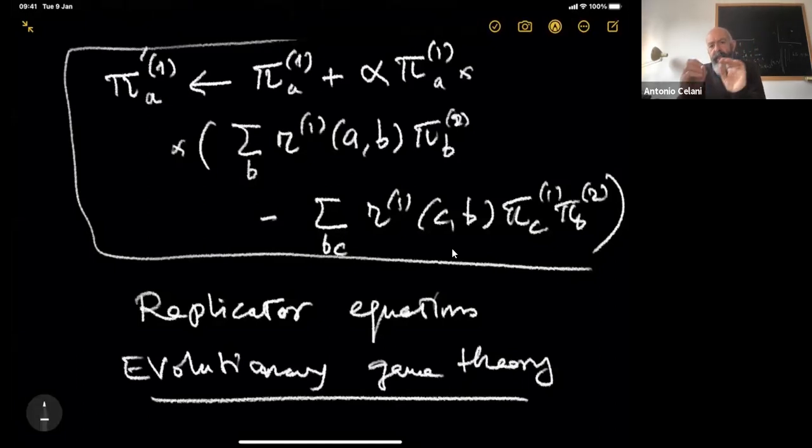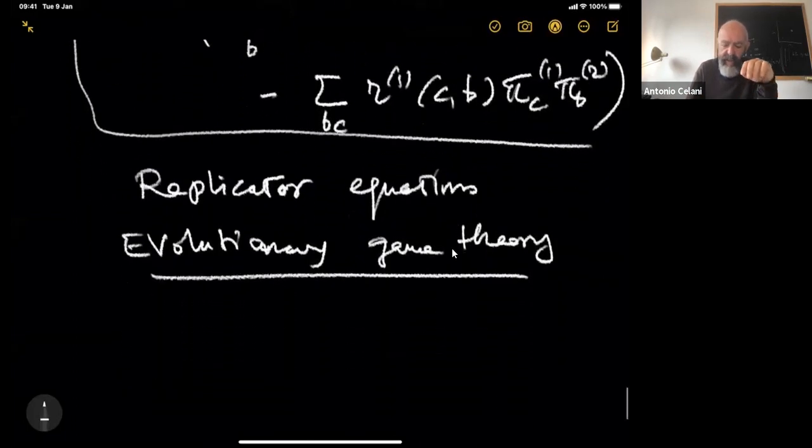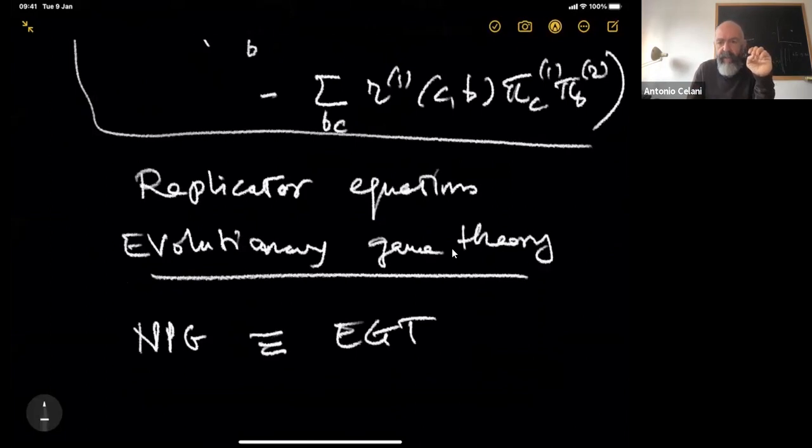So again, boring, cumbersome calculations, but the bottom line of all this is that natural policy gradients, not the stochastic ones, just the full NPG, corresponds to evolutionary game theory. And this evolutionary game theory is a subject which is enormous. There are entire books over this subject.